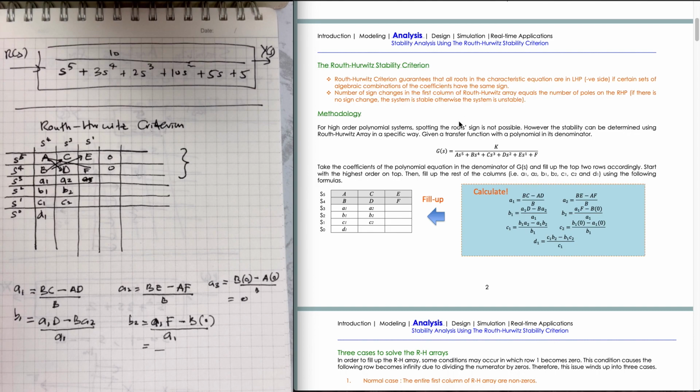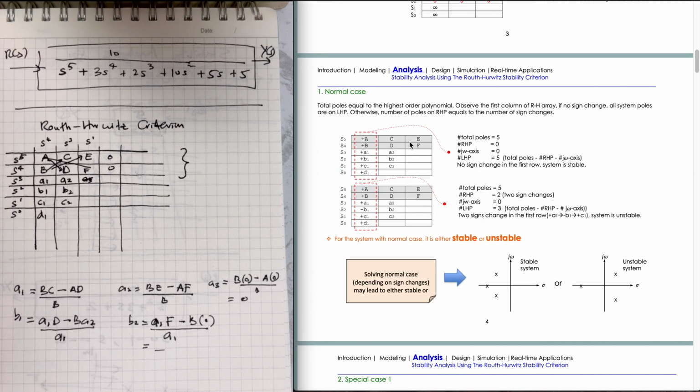They have the same sign, it could be negative or positive, right? As long as there's no sign change, the system is stable. In this case there are poles, poles equal to the roots. There's another name, we call it poles. The total poles are 5 because of the fifth order system.